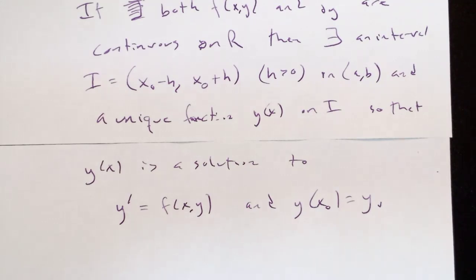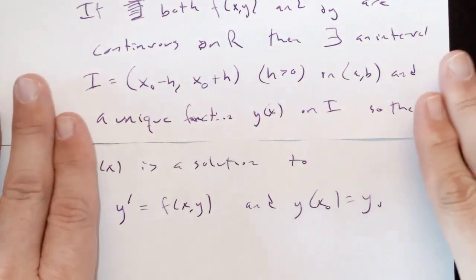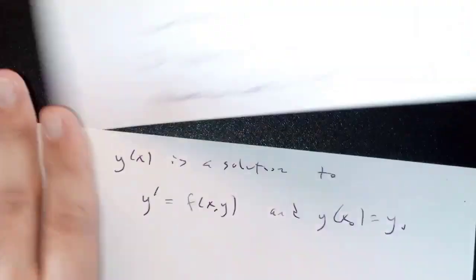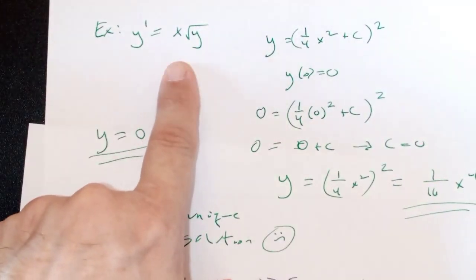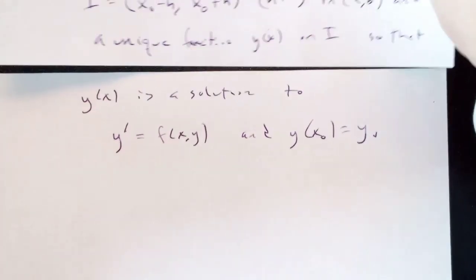We just did an example where we had no unique solution. We had two solutions, right? Let's go back and look at that one again. I'm going to slide back up here for a second. I promise I'll slide back down. This is the equation I want to look at. We had two solutions right here. So let's go back to that example for a second.